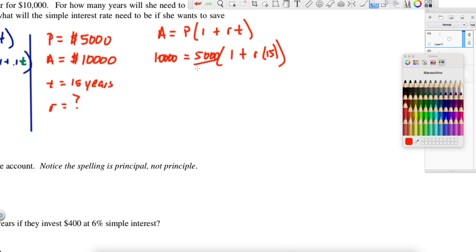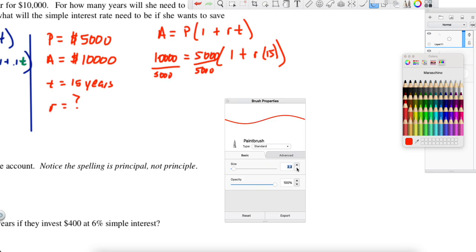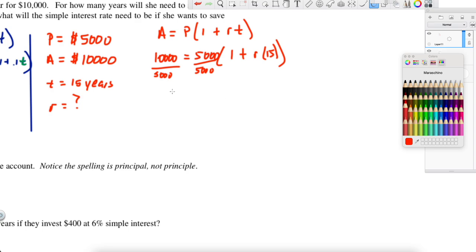So let's divide by 5,000. I feel like my brush is too thick here. Let's bump it down just a little bit. So I get 2 equals 1 plus r times 15. So subtract 1 from both sides. So I got 1 equals, let me just rewrite this, 15r.